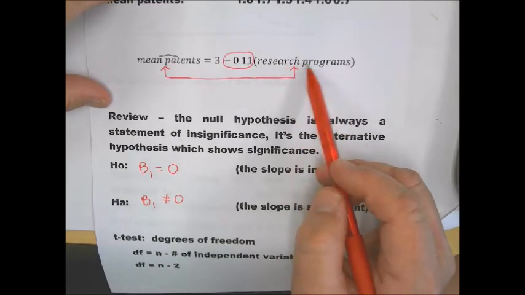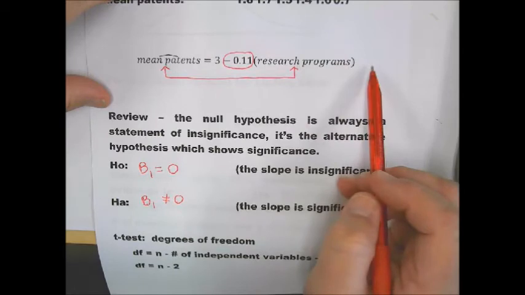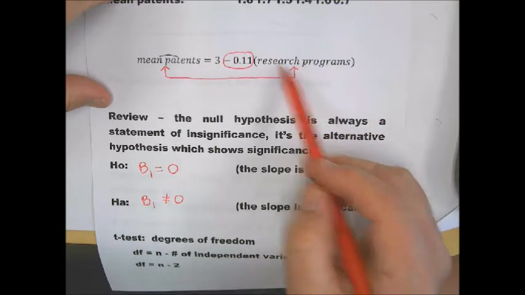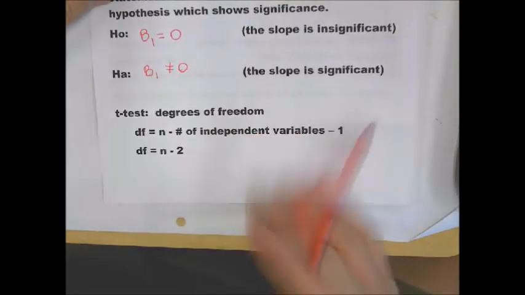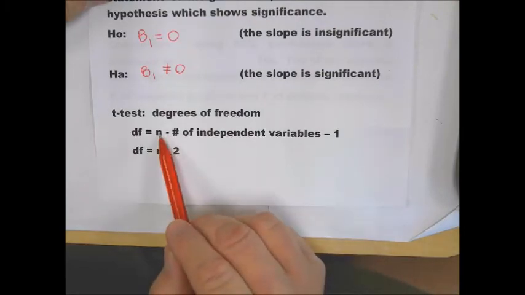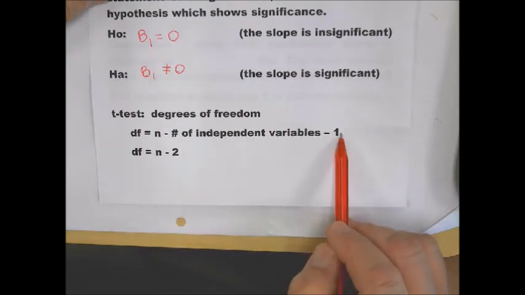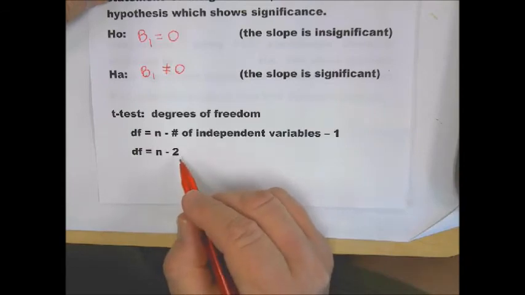You can do analyses that have a lot of different independent variables within the equation at once, but we're limited to just doing one right now. So for all intents and purposes, the degrees of freedom is simply n minus 2, because it's n minus 1 minus 1 more. So the degrees of freedom is going to be n minus 2.